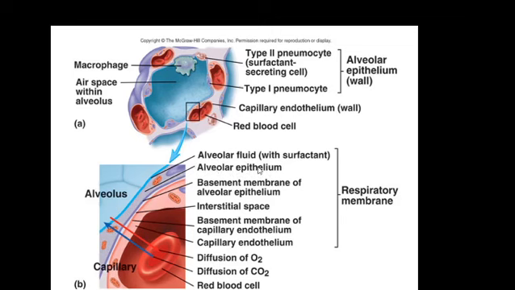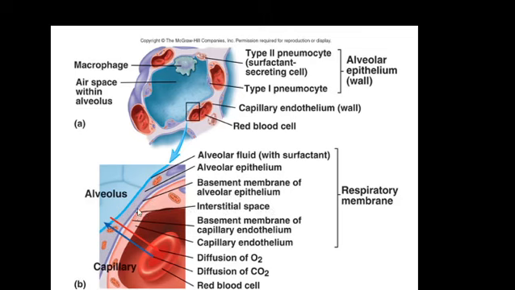You remember epithelial cells from histology. The epithelium has a basement membrane. It has to pass through this basement membrane, which is made up of collagen type 4 proteins, and then it has to pass through the interstitial space.